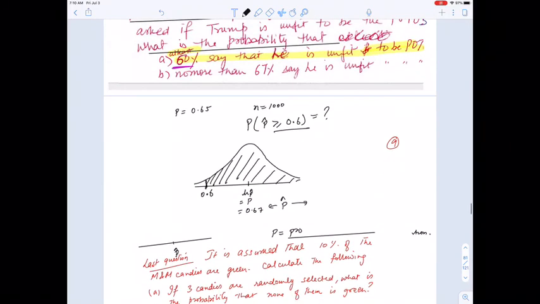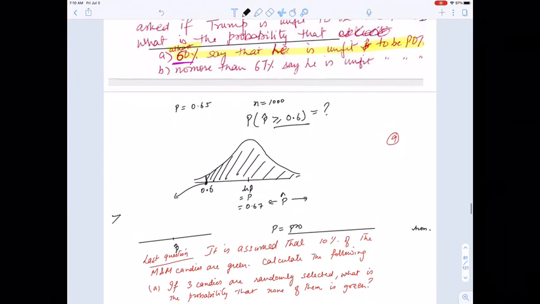So if we convert this 0.6 into Z, because it's an approximate normal distribution, Z will be equal to P hat. Our variable is changed now. It is not X, it is P hat minus mu P hat over sigma P hat.